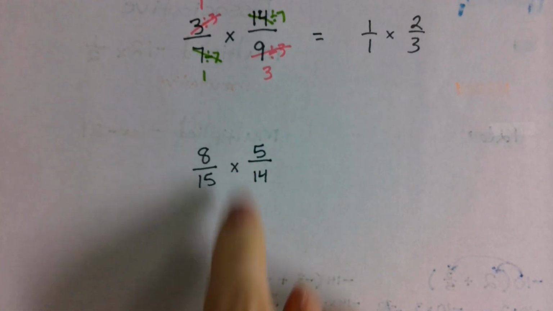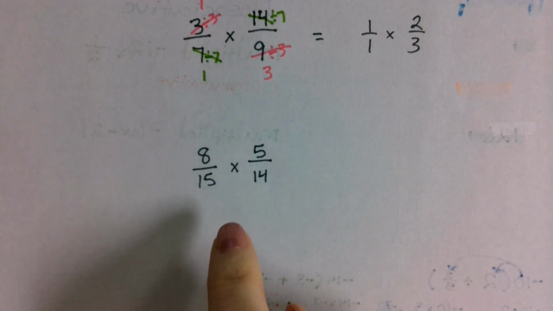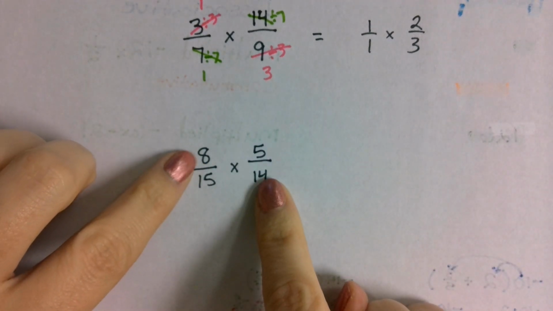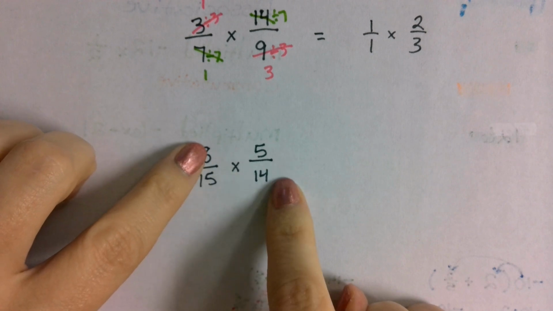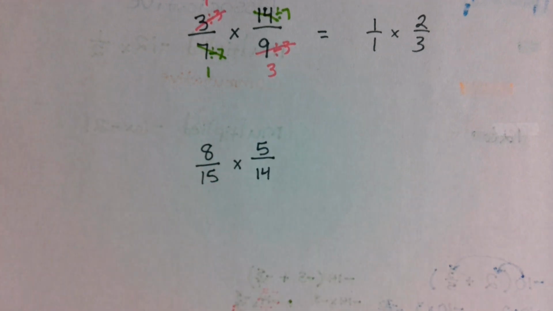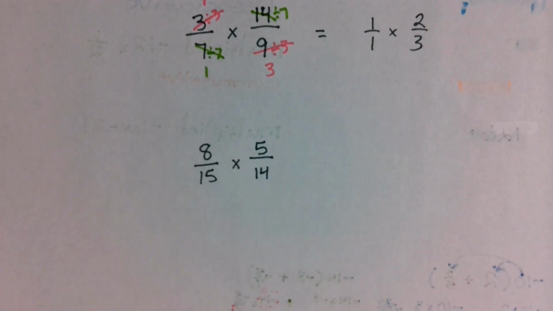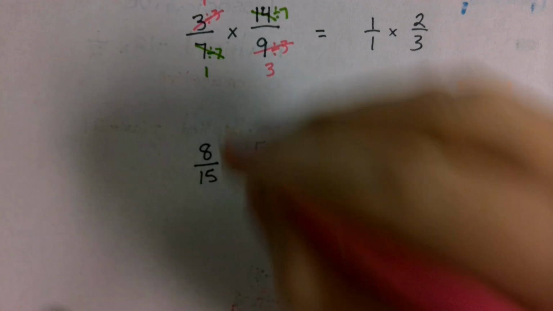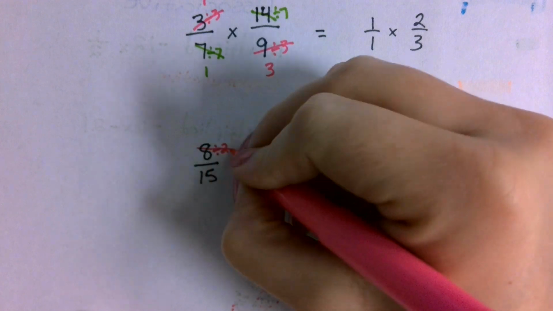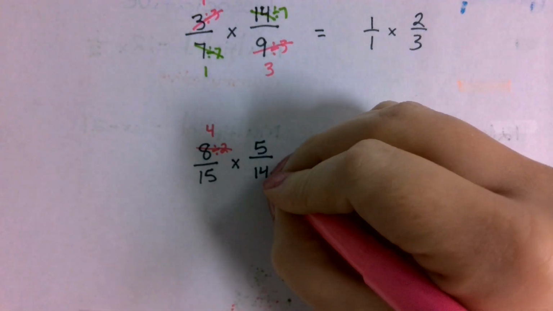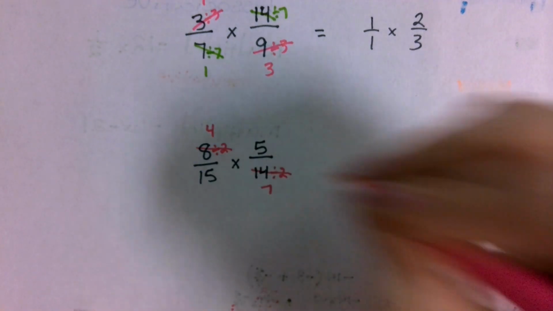Again, the fractions themselves cannot be simplified, but if you're looking at the numerator and denominator across from each other, they can. Okay, 8 and 14, they both can be divided by what value, Hassan? 2. 8 divided by 2 is going to become a 4. 14 divided by 2 is going to become a 7.